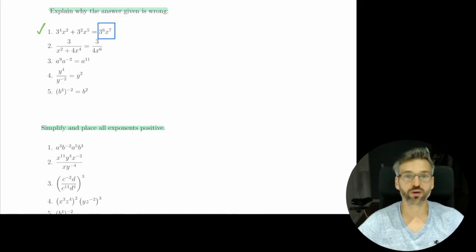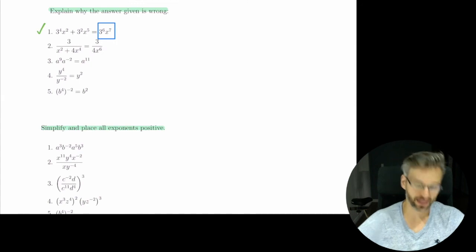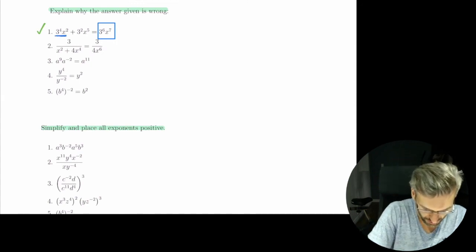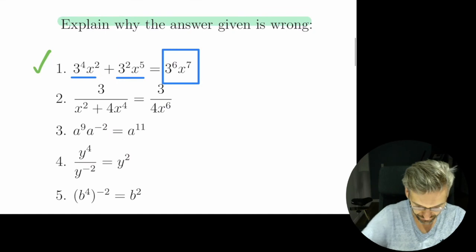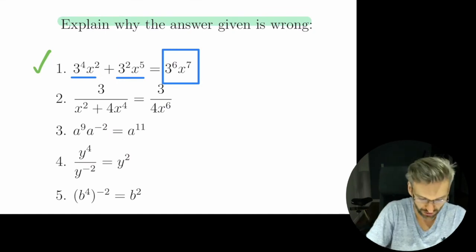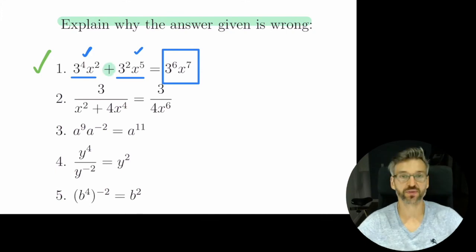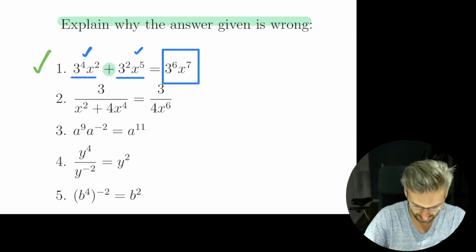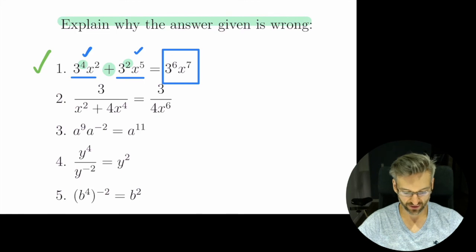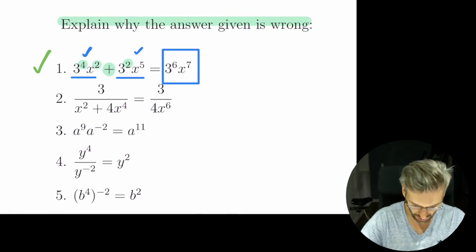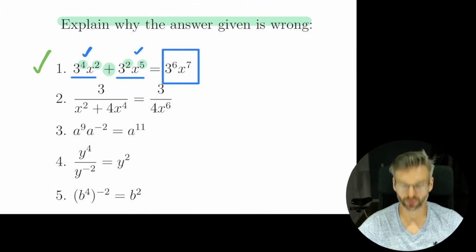Well, what is wrong with this is that exponent laws only apply to multiplications and divisions. And notice that in here, you actually have 2 terms. So you have one term, and then here's the other term. Let me blow this up. So you have 2 different separate terms, and they are separated by this addition. What this answer has done is they took the exponents and added them up together, and then they took the exponents on the x variable and added those together.